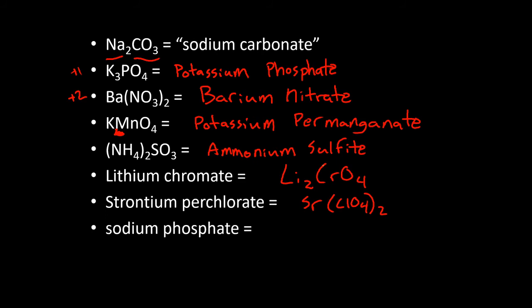So you need 2 of those to balance out the charge. Sodium phosphate is our last one, and that is going to be Na3PO4. Because phosphate is -3, each sodium can only be +1, so we need 3 of those sodiums.